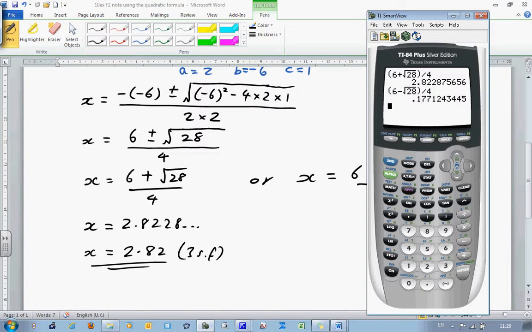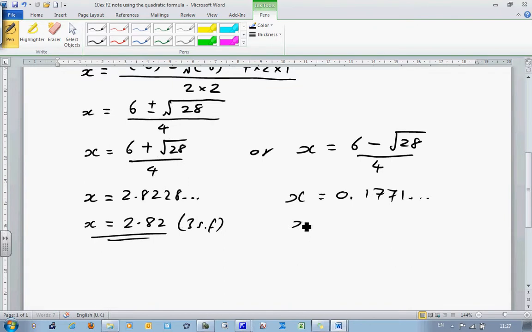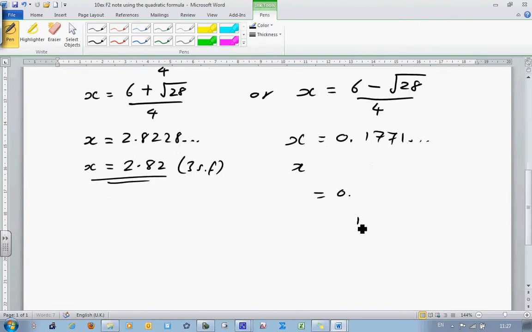So x equals 0.177 to 3 significant figures.